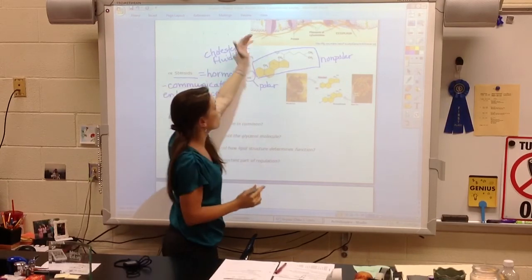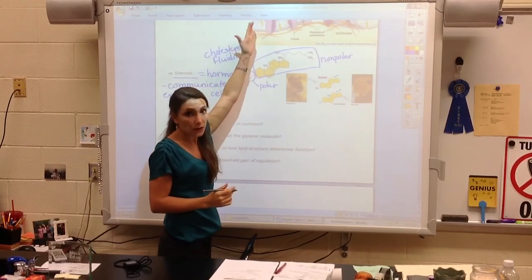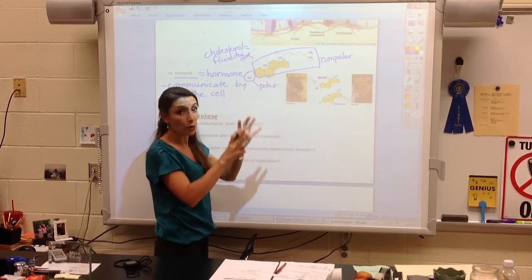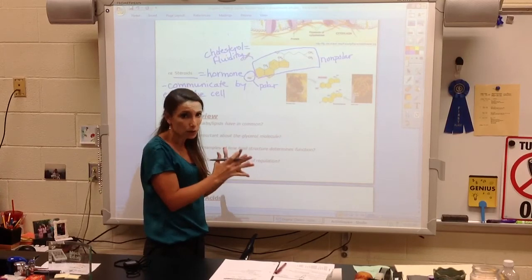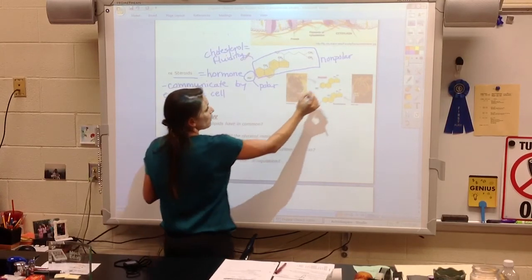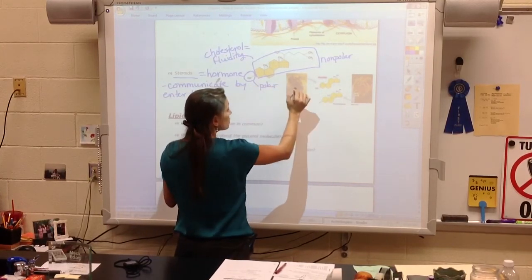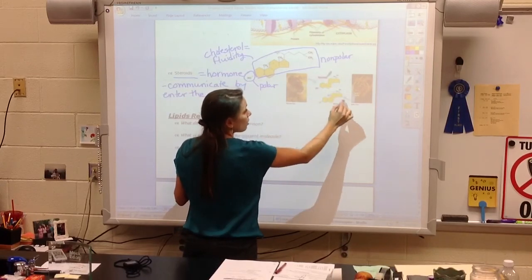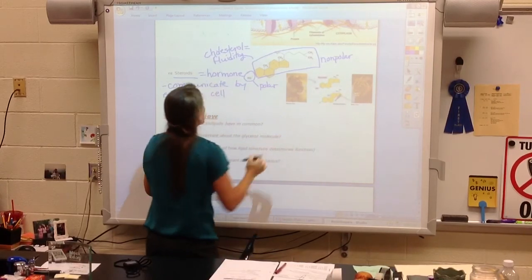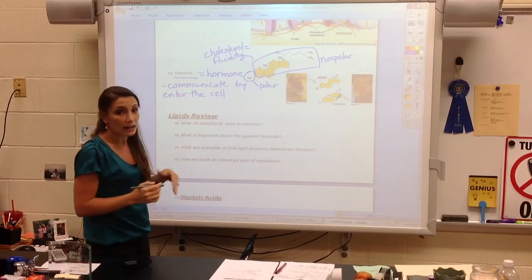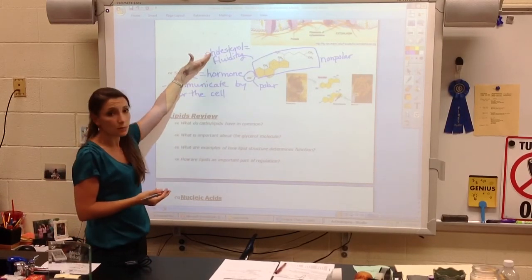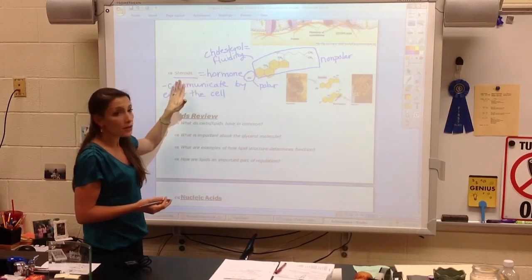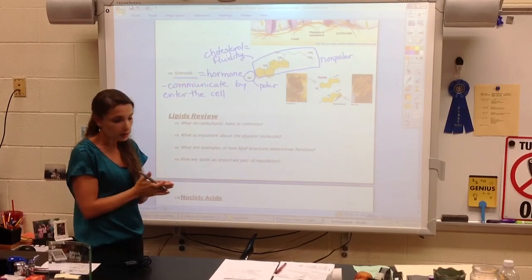It's going to help break up those phospholipids and make the cell membrane more loose, more fluid. It'll be really important when it gets cold and the molecules stop moving. But then we've also got our other hormones like estradiol, testosterone, other steroids that are going to act by entering the cell and sending a signal. So cholesterol is an important one for fluidity. Other steroids are going to help send signals.